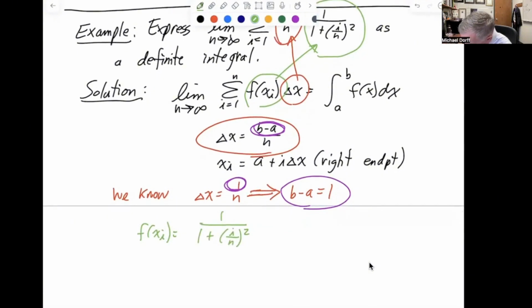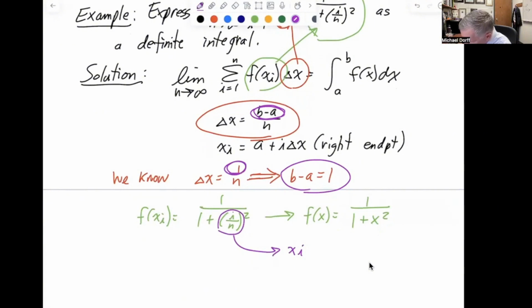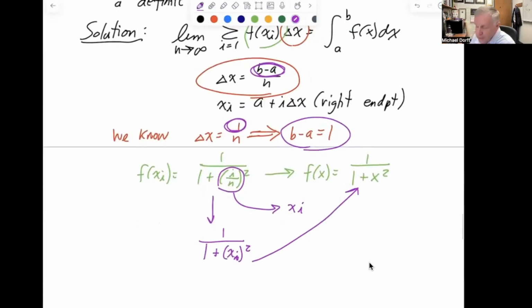All right, this suggests to me that my f of x is going to be 1 over 1 plus x squared. And then this part inside here is my x sub i part, because then you can see that what I circled in purple there is x sub i, and that means what I have here is 1 over 1 plus x sub i squared. That matches what I have for my green part function here, f of x equaling 1 over 1 plus x squared.